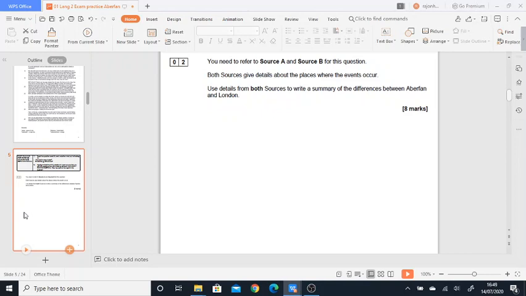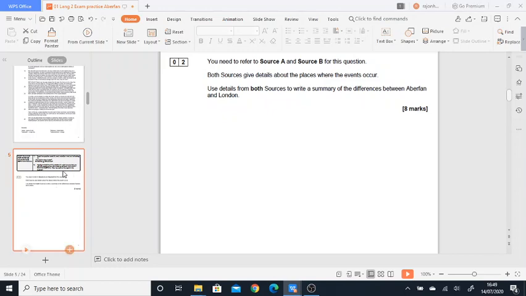So an example of a clear difference is big and small, okay, or light and dark. Okay, so it has to be clear. So between Aberfan and London, this question is worth 8 marks. So you should spend time which is between 8 to 10 minutes. Okay, so the more you practice, the better you get at this.